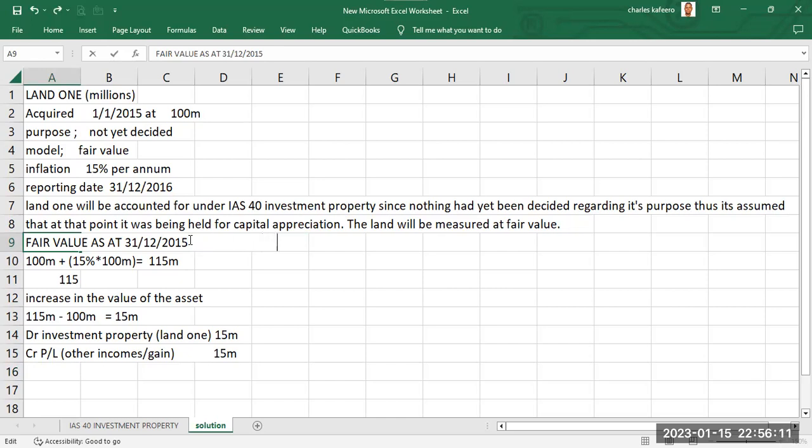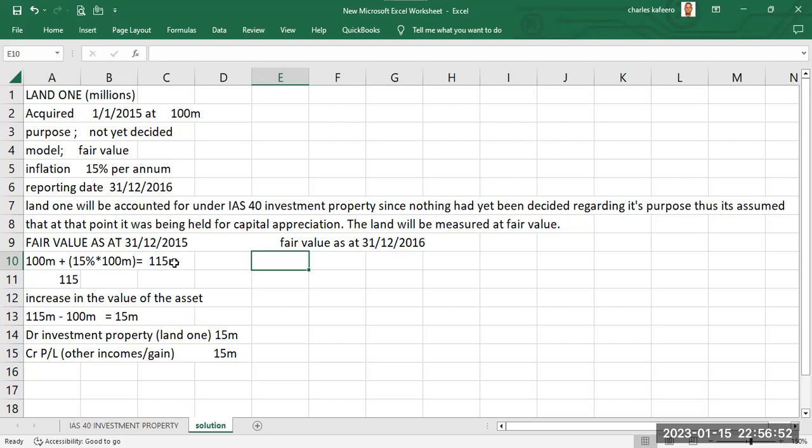So now we look at what figures we are going to be having, the fair value for the year. We are looking for the fair value because the fair value we have is for 2015, but we need the fair value as at 31st December 2016. We are starting with the figure we had. This figure, if we are computing for 2015, is the one we could take to the balance sheet.